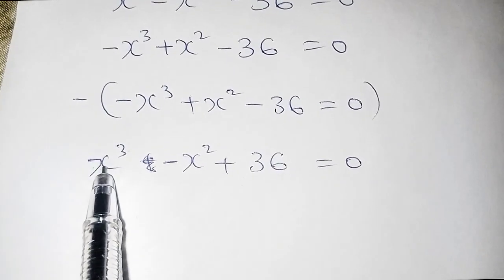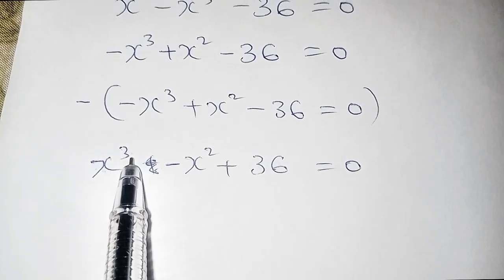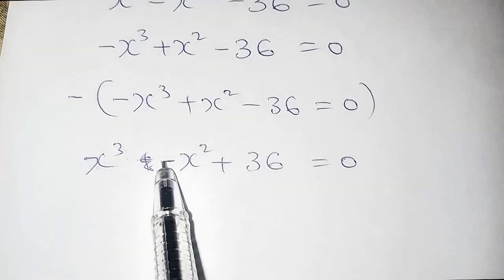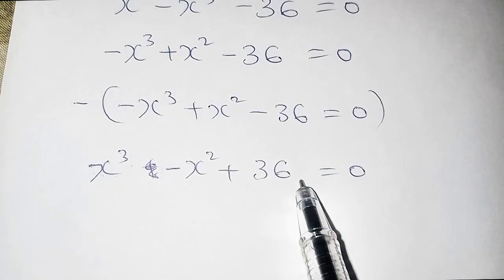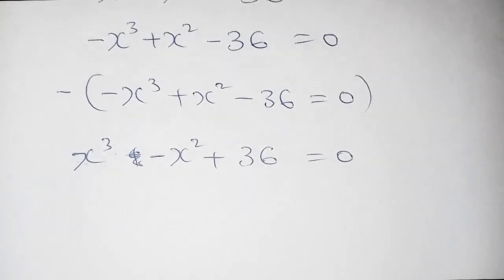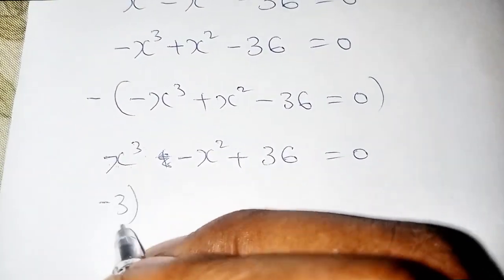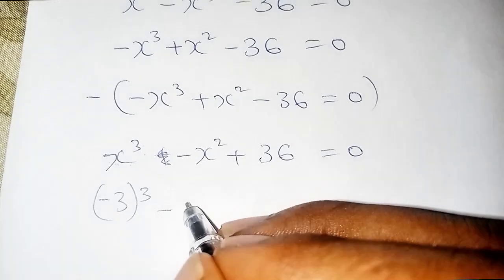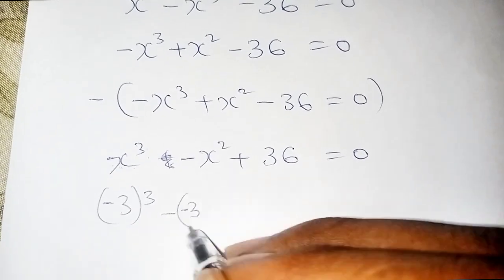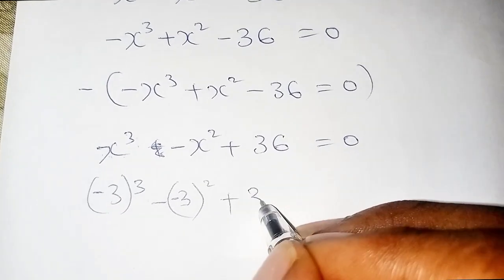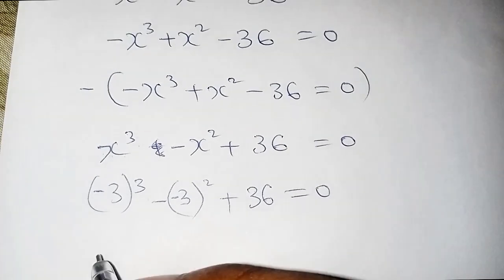Let's try 3. 3 to the power of 3 will give us 27, minus 9 plus 36 will not give us 0. But what about minus 3? Minus 3 cubed minus minus 3 squared plus 36 equals 0.